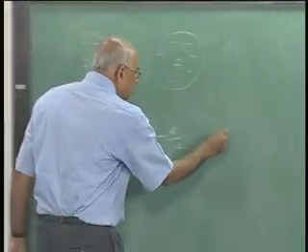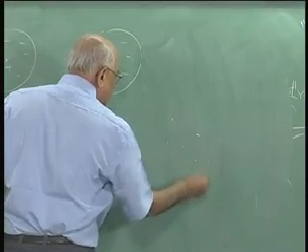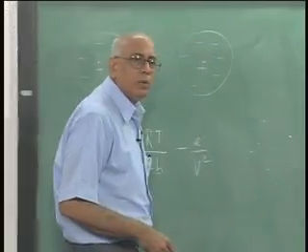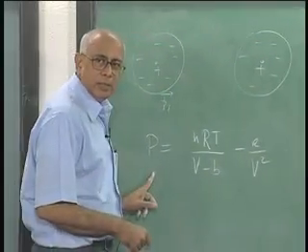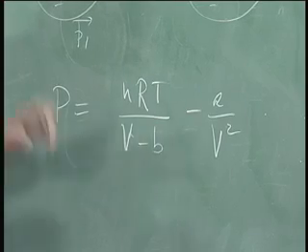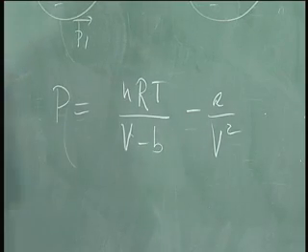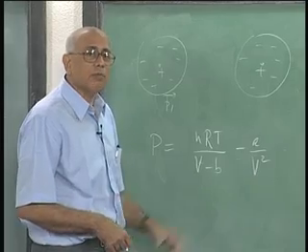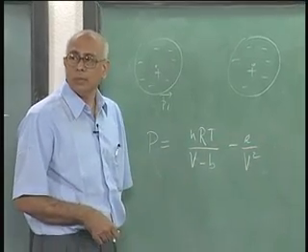It says you have all these molecules and you are trying to find out the correction to the pressure, which is the energy density. Pressure has the same dimensions as the energy per unit volume, and you are trying to find out the correction to this energy density from the attractive force between the molecules.